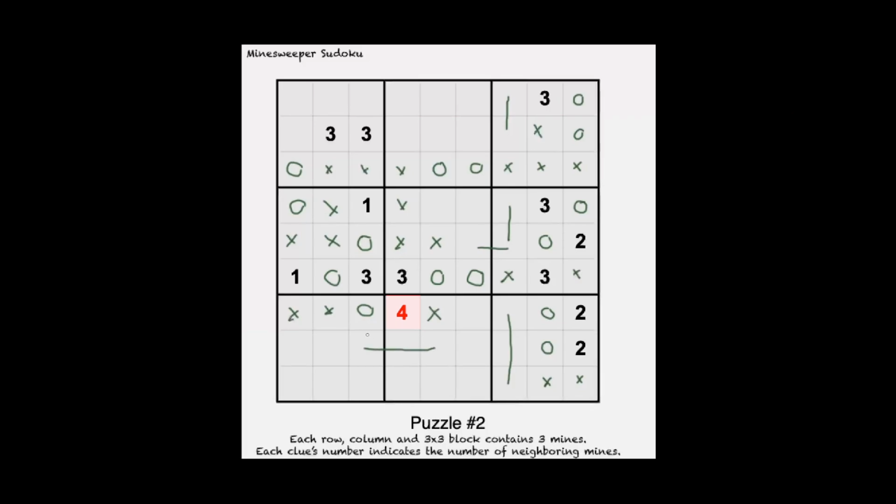So 2 mines in that run, 2 mines there, 1 mine there, which means that we can eliminate all the other cells in that row. I'm going to go ahead and erase my marks here. We know that a mine must go in one of these 2 cells here. Now looking at column 2, we can place some mines in the remaining squares.